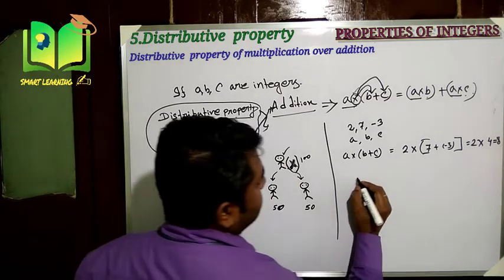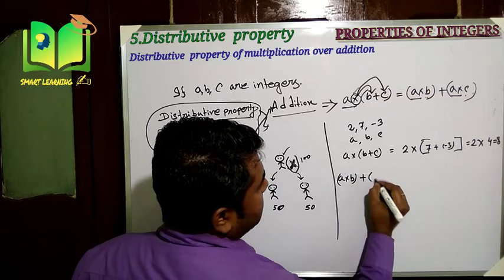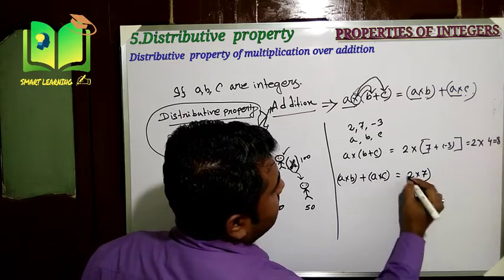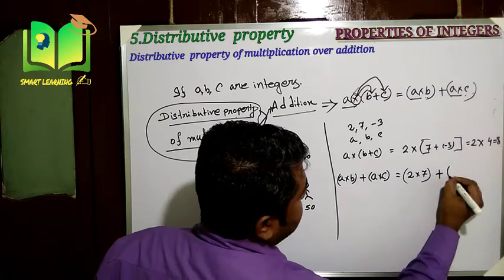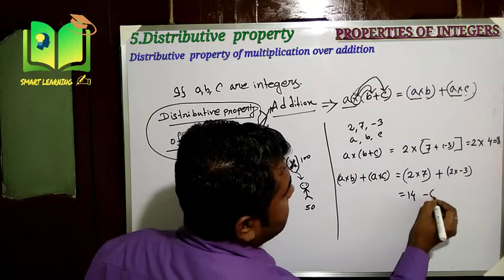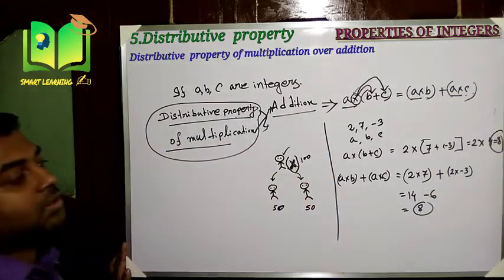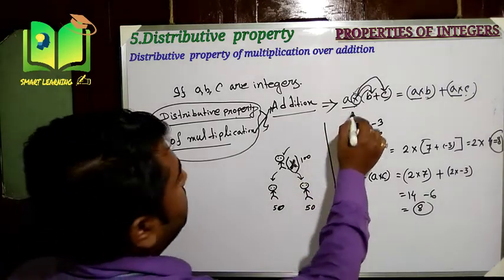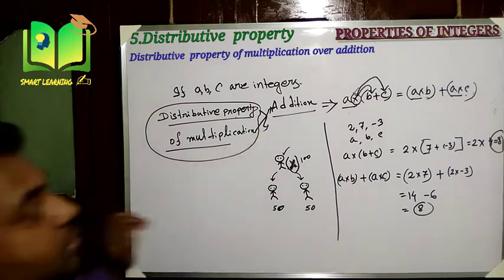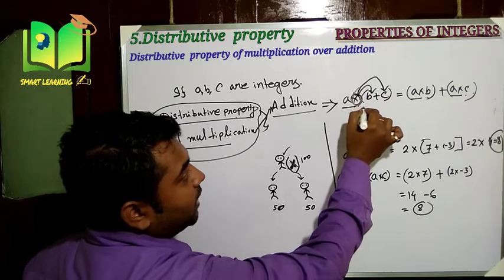Now see this part, A into B plus A into C. So same way 2 into 7 plus 2 into minus 3 equals 14 minus 6 equals 8. Both 8s are same. So this property follows. So what we can say? Distributive property of multiplication. See, multiplication sign is here, over addition.